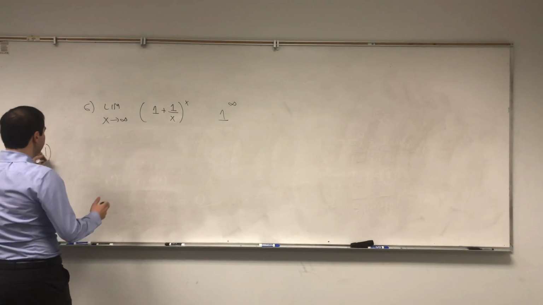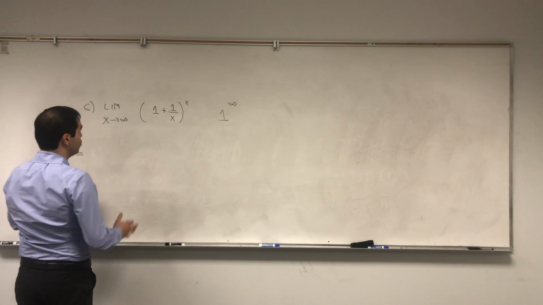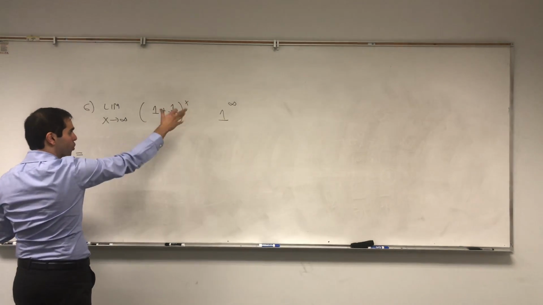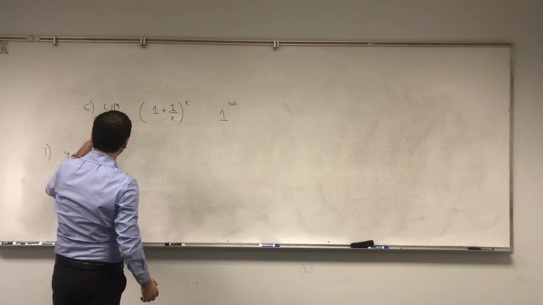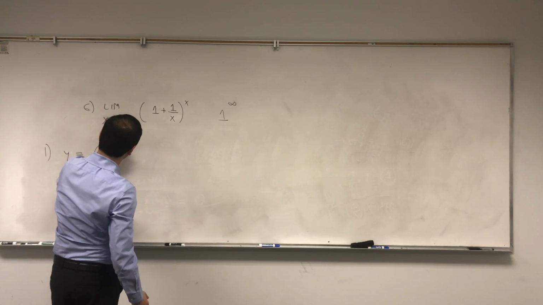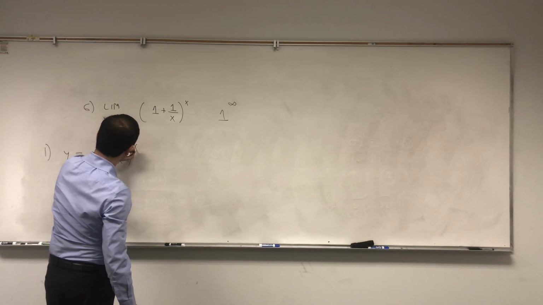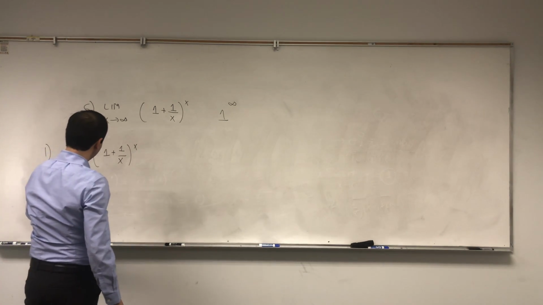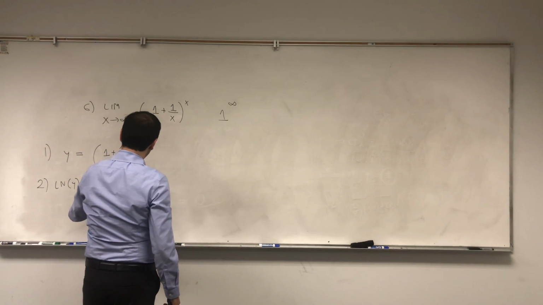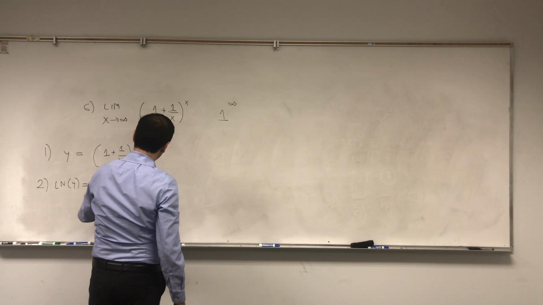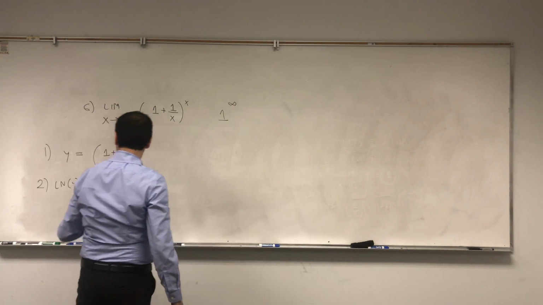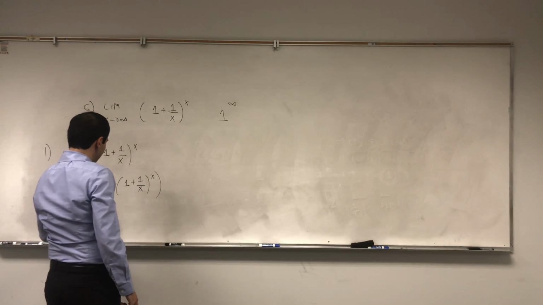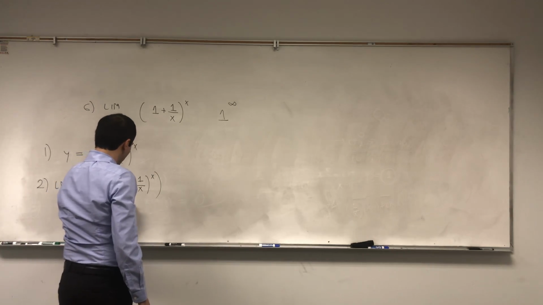Well, same technique as before. You destroy this power by using ln. So let y be 1 plus 1 over x, to the x. Then ln of y, that's ln of 1 plus 1 over x to the x, which becomes x ln of 1 plus 1 over x.